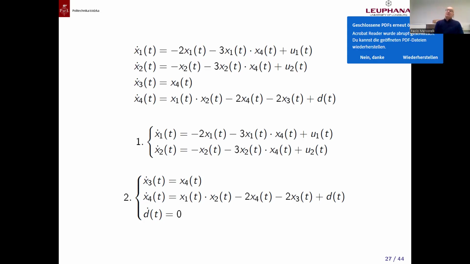Basically, the controllability does not change. The observability does not change. Excuse me if I say controllability, because I came from another lecture and I spoke about controllability. The controllability is a structural property. Do you remember the example last time?